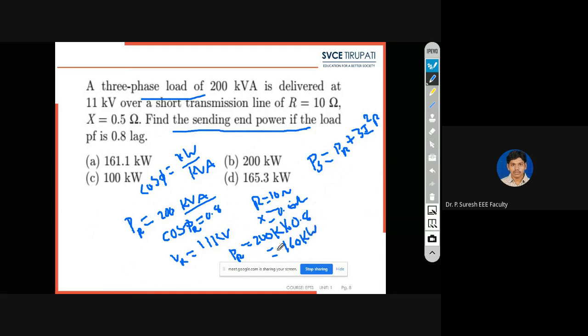So what is I? What is the formula for I here? I equal to PR by root 3 VL cos phi. From this we will calculate the I value. And what is the resistance they gave? 10 ohms. Just substitute all the values here. We will get PS equal to PR plus 3 into I square R. Is it okay?